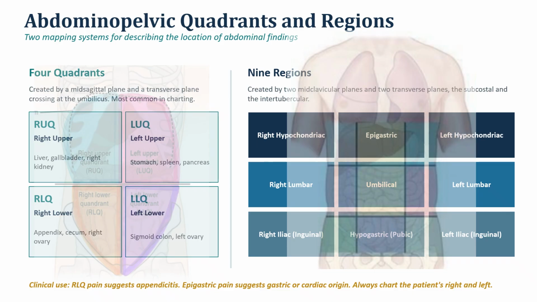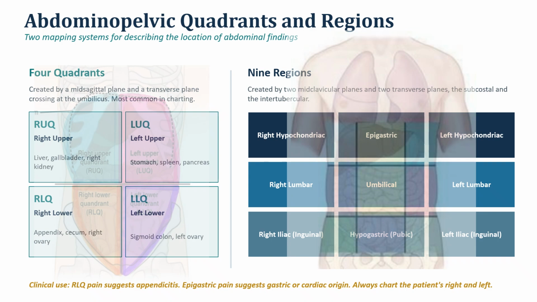The abdominopelvic cavity is large and holds many organs, so we need a way to pinpoint location. There are two accepted systems, and you will use both. The four-quadrant system is created by drawing one mid-sagittal plane vertically through the umbilicus and one transverse plane horizontally through the umbilicus.